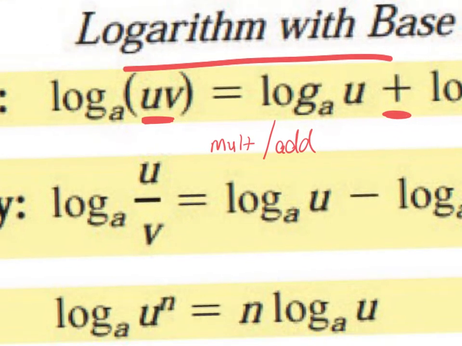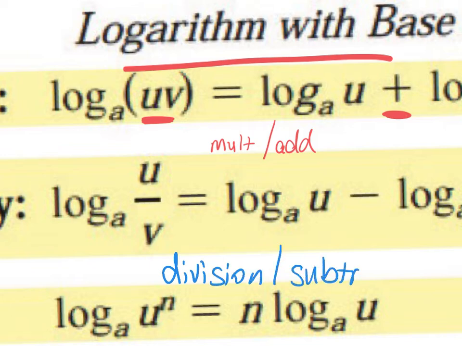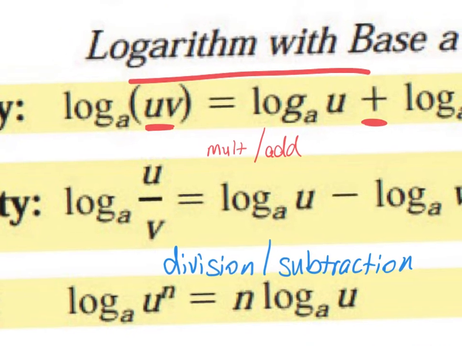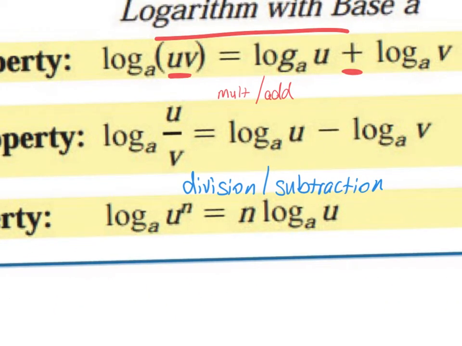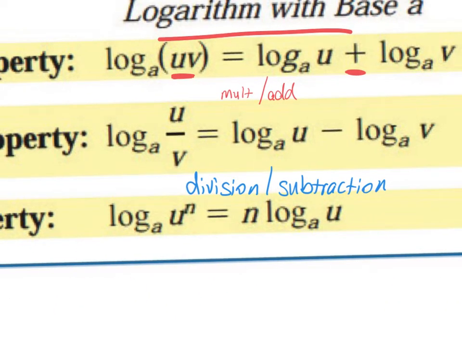What's going on in the second one? What do you see? What's happening between u and v? Division. Good. I have division. And what is division going to go with, guys? Subtraction. Good. If you can remember these tiny little things, I promise you this won't be as hard as it appears. And then the last one, what happens with the n?